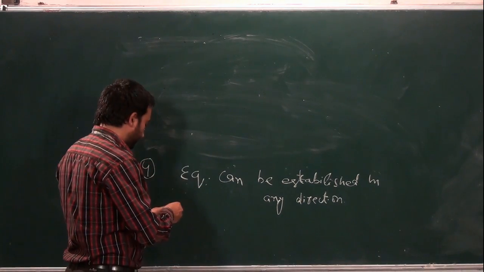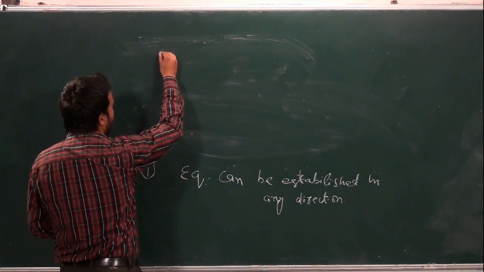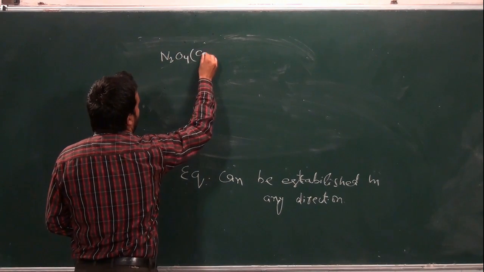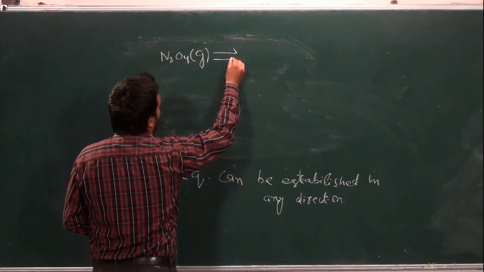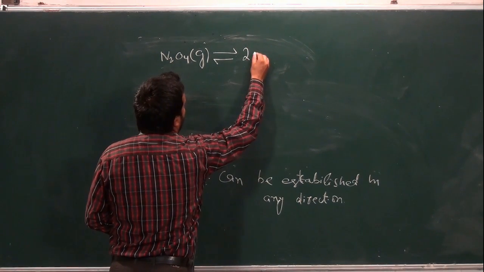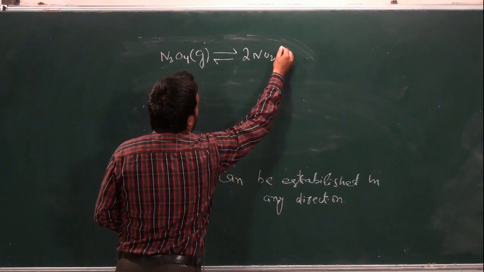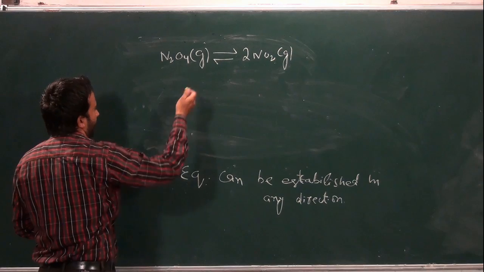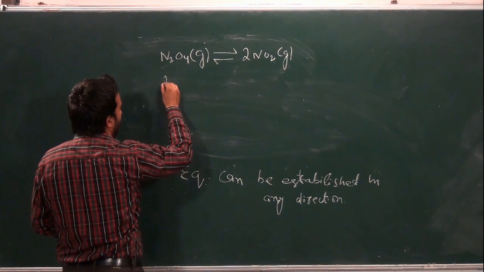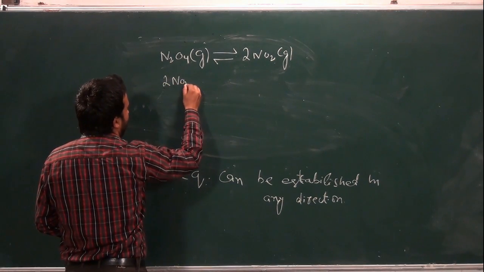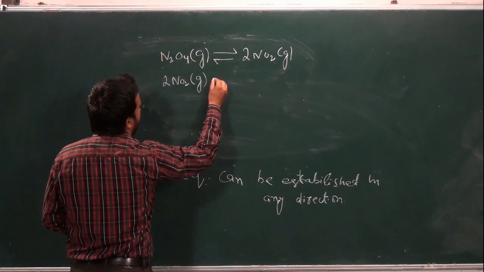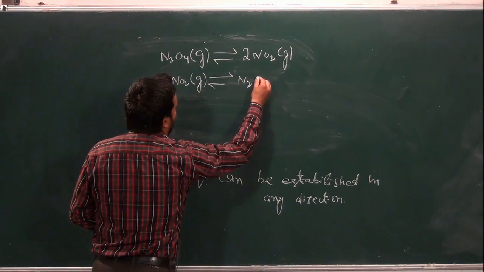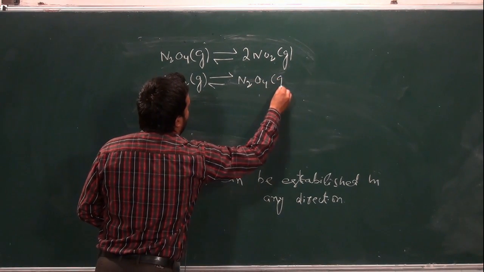For example, let's take a reaction, N2O4 gas gives you 2NO2 gas. And if you take NO2 as the reactant, it will give you N2O4 gas.